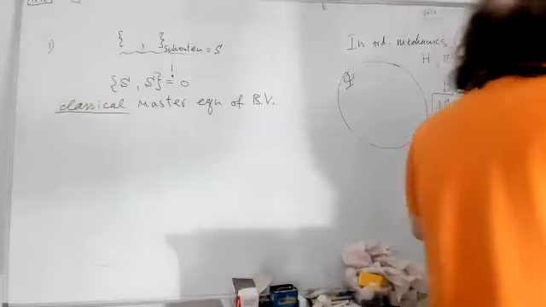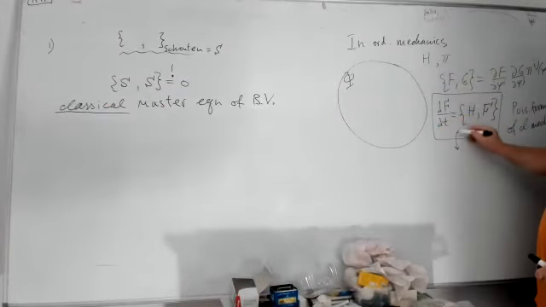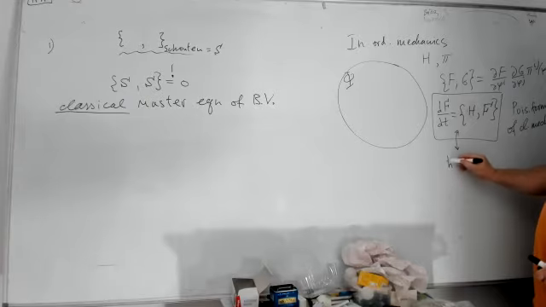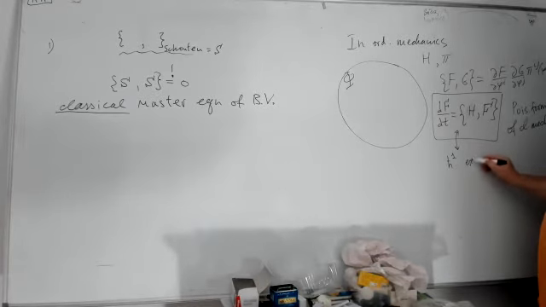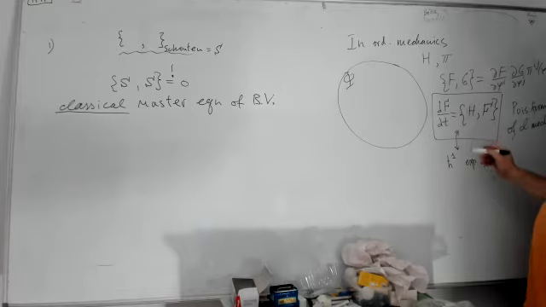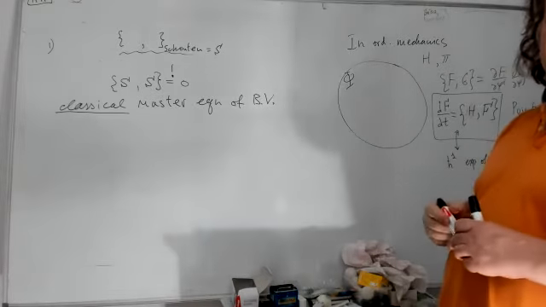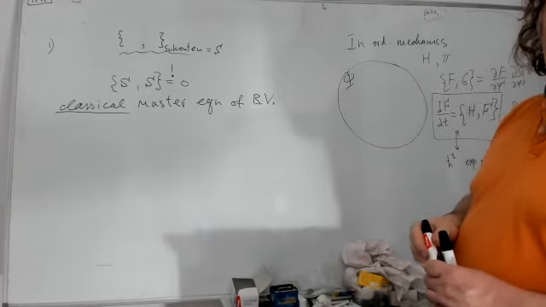What's interesting is that this is just the h to the power of 1 expansion of the Schrödinger equation. Is it clear why it is the Schrödinger equation to the first order in h?